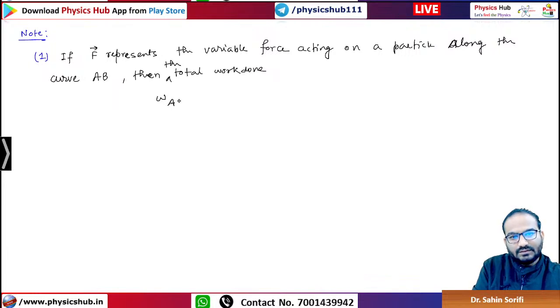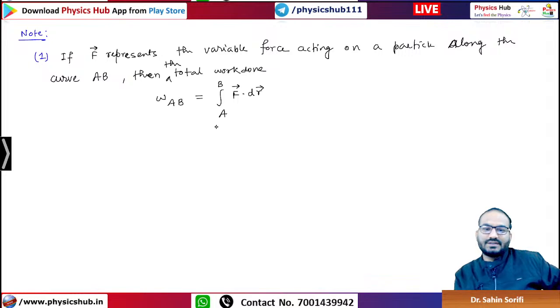Work done for the path A to B is the integral of F dot dr. Okay, so obviously it is path dependent.